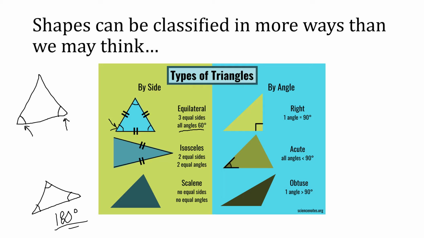Another thing you might see is instead of one arc to have two arcs. So maybe I'll do the two arc example here. In the case of the isosceles triangle, these two angles are always equal to each other, and this last angle is going to be different. So what we can see here is that the isosceles triangle is the one which has two sides that are equal, and so we've got the tick marks on two of the sides, so those are the two sides that are equal, and two equal angles.